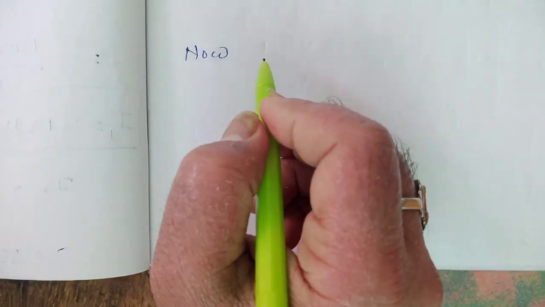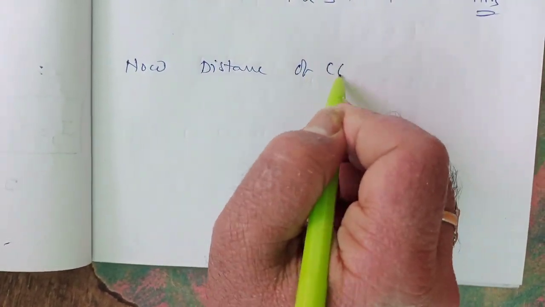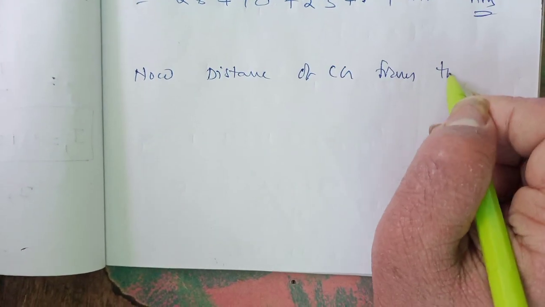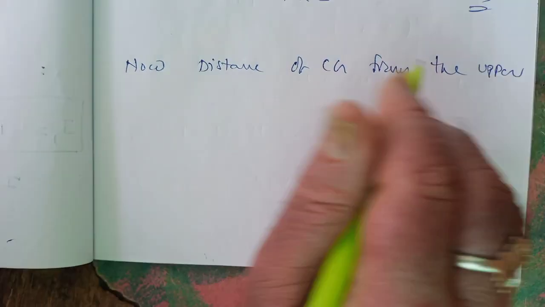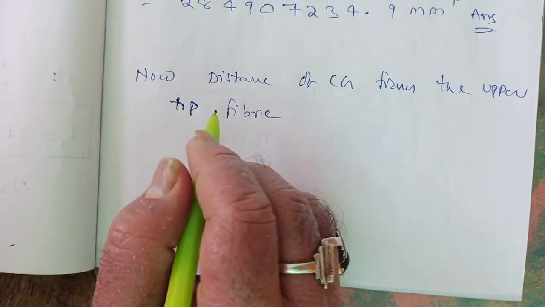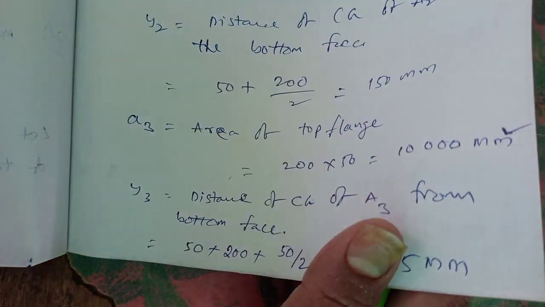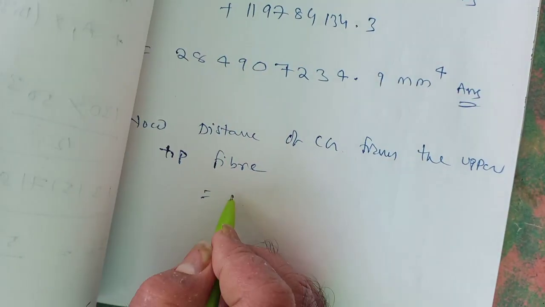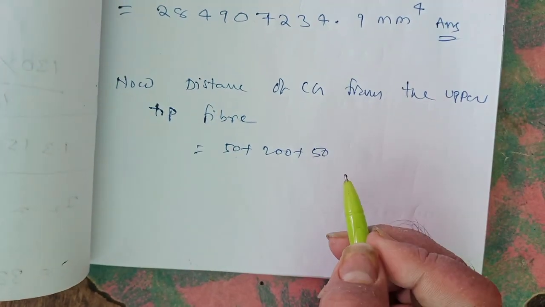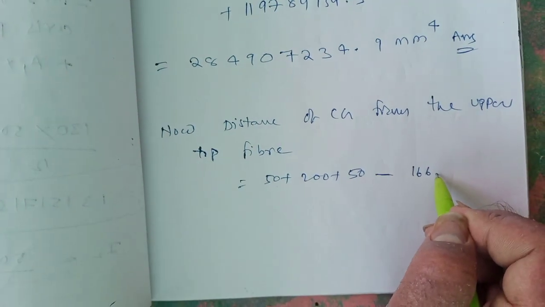Now, the distance of CG from the upper top fiber is the total height of the I section, 50 plus 200 plus 50, minus 166.51.